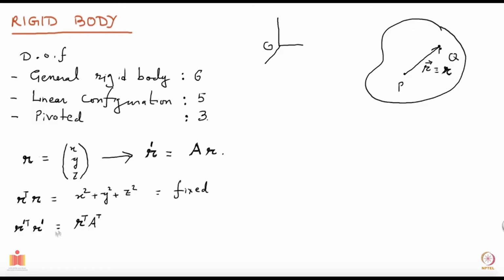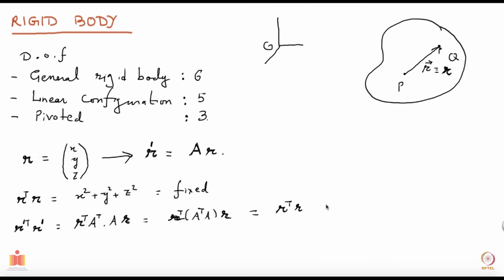Then you have R prime, which is A times R. So you get R transpose A transpose A R. Let me put a bracket around this quantity. And as you know, this has to be equal to R transpose R, because the distances are not going to change with time between these 2 points.